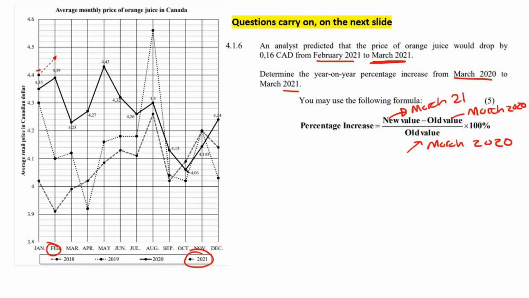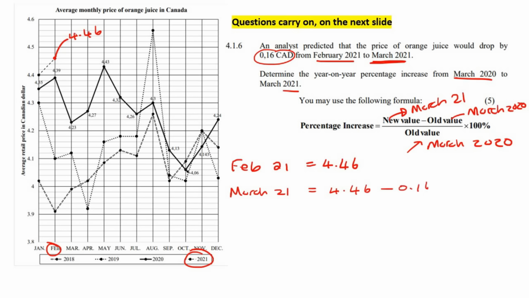So this would be 4.42, 4.44, 4.46. So that is 4.46. February 21 is going to be 4.46. Now, if you decrease that by 0.16, then that'll give you March. So 4.46 take away 0.16 is going to give us 4.30. That is the price in March 2021.